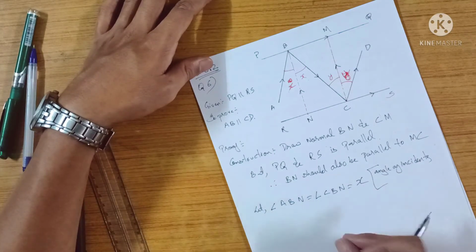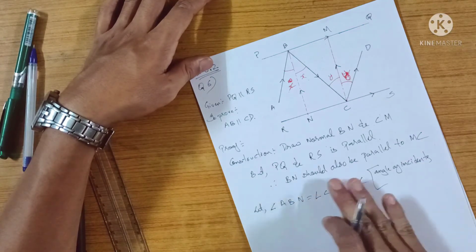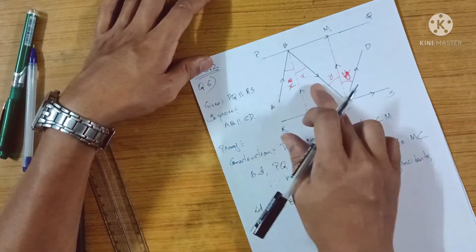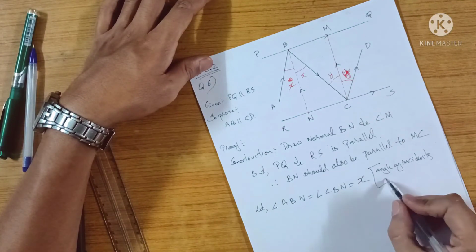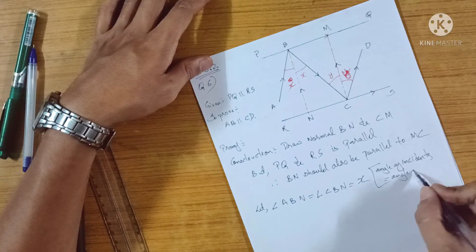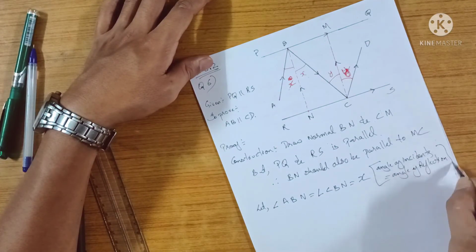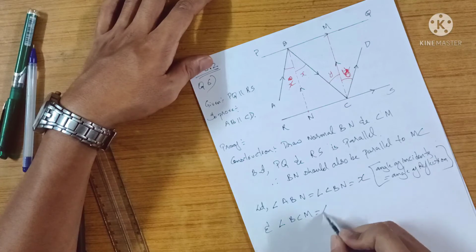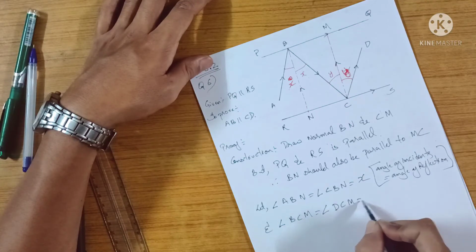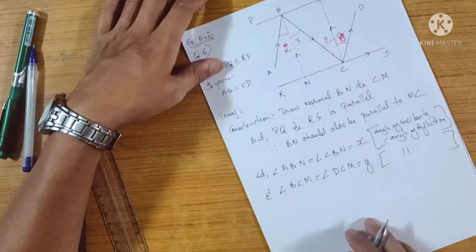Because as far as we know, x is an unknown variable, so usually we can take the value of x as only for one thing, but now we're taking it for two things because they're equal, so we have to write why they're equal, right? So angle of incidence is equal to angle of reflection. And angle BCM equal to angle DCM equal to y. Same reason.